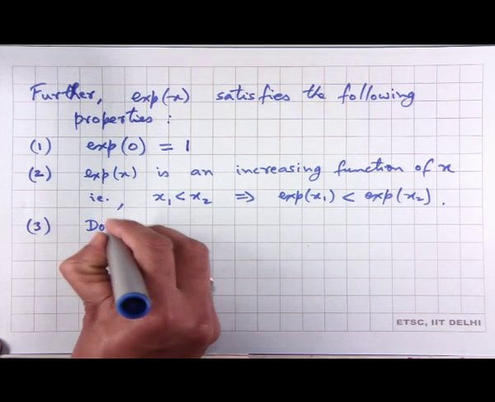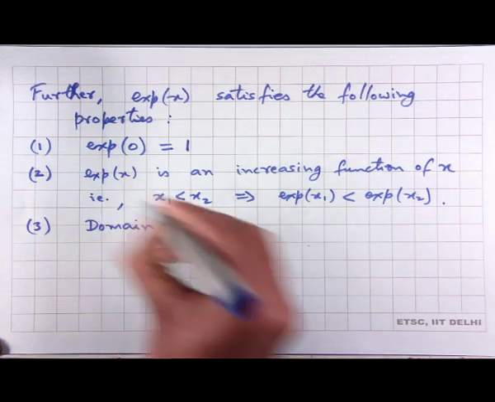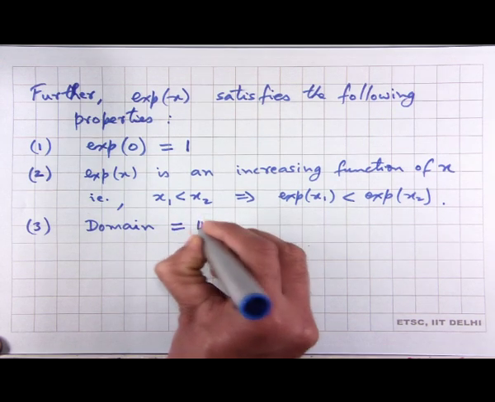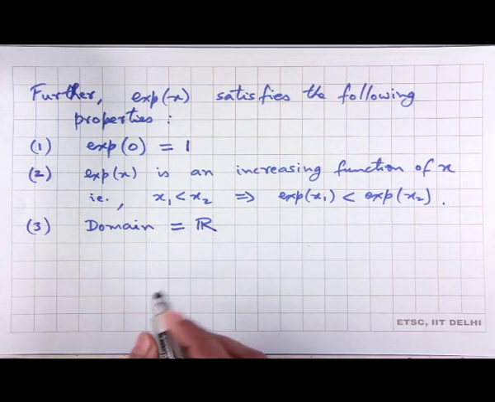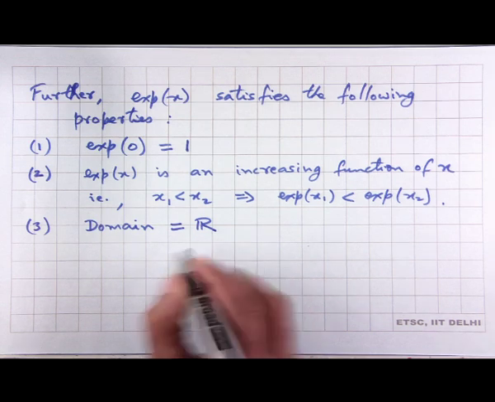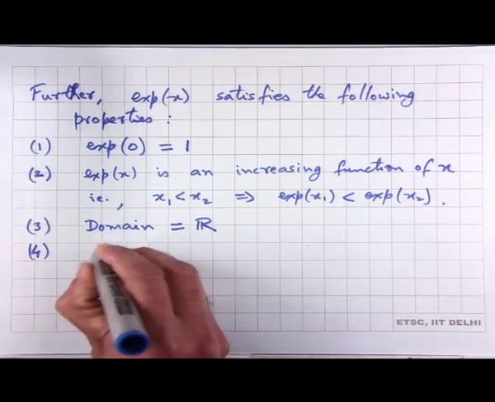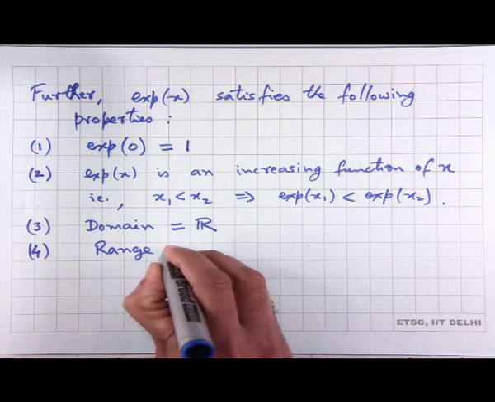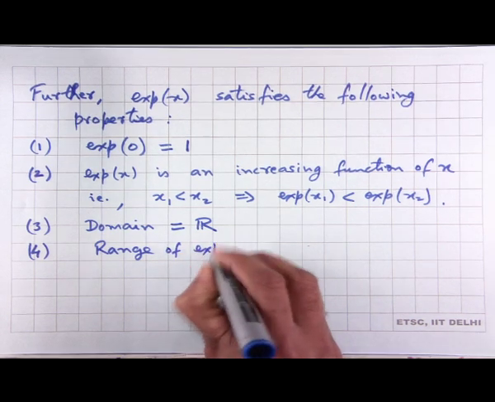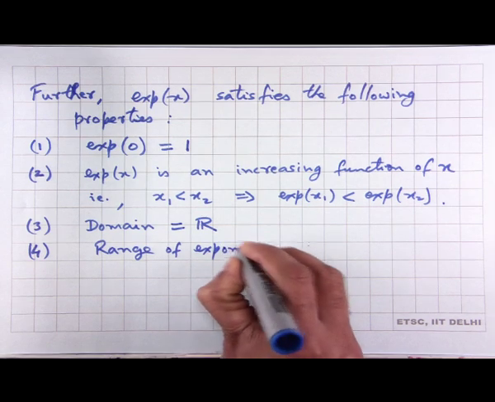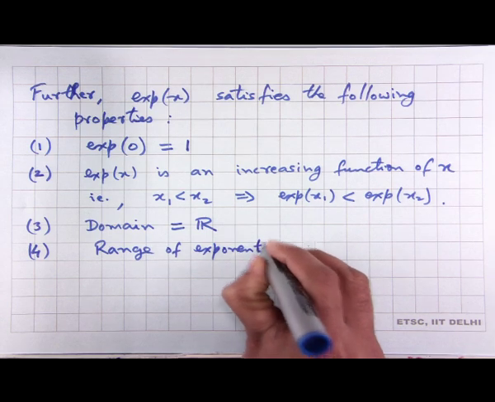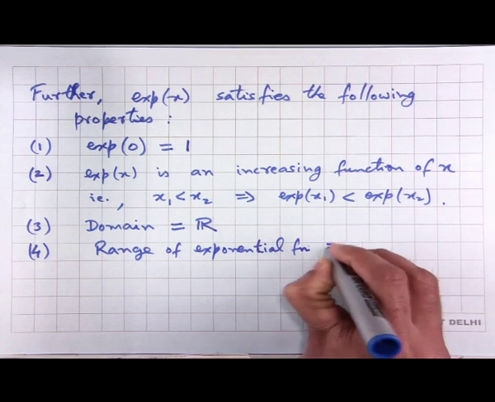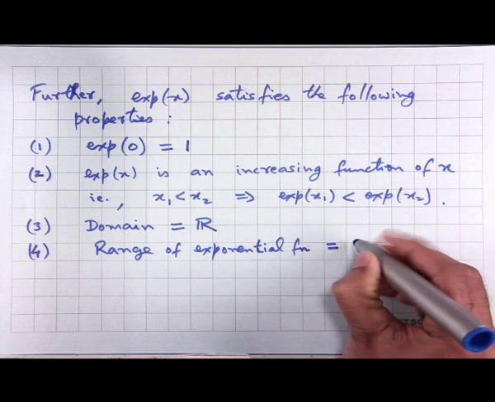Of course, we know that the domain of this function is the set of all real numbers. So, exp(x) is defined for all real numbers, and the range of the exponential function is equal to all positive real numbers.